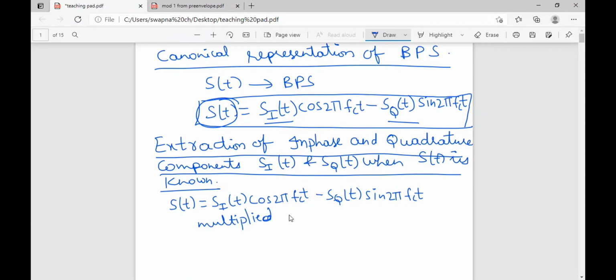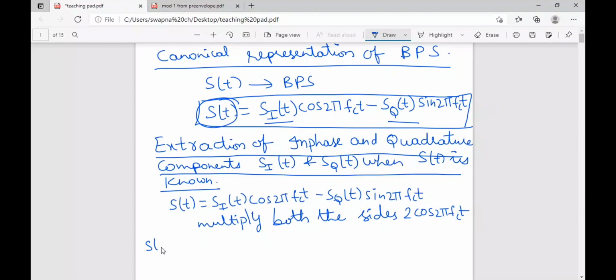So multiply both the sides with, what we have multiplied? Anybody can tell me? 2 cos 2 pi fct. Okay, this is what we have multiplied on both the sides.